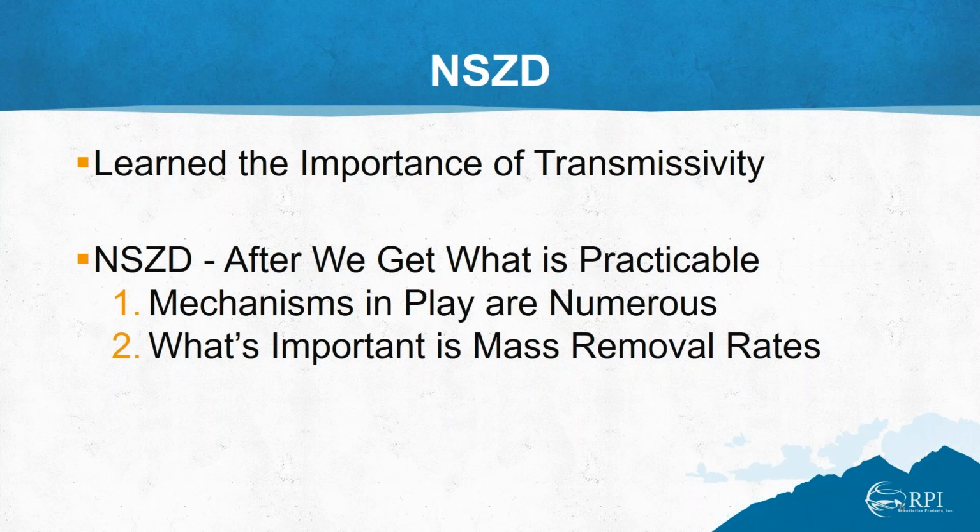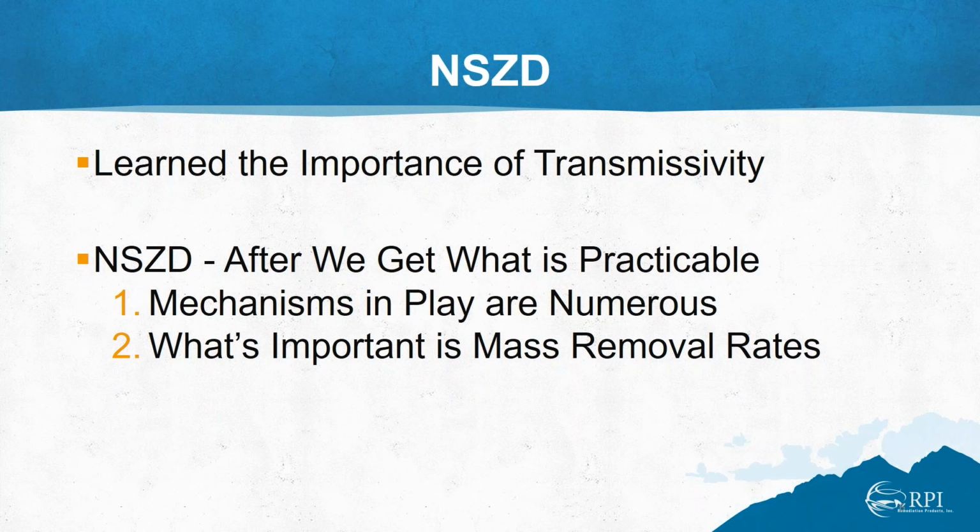And when the transmissivity drops below a threshold level where it's no longer economical to continue to try to recover free product with mechanical systems, then natural source zone depletion has been getting an awful lot of attention as the logical next step for what we do after we've gotten what's practicable.